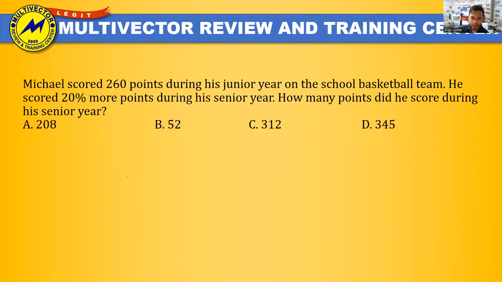The score during the senior year is equal to his junior score, and since it is 20% more, you just multiply by 120%. Therefore, 260 times 1.2 is 312.